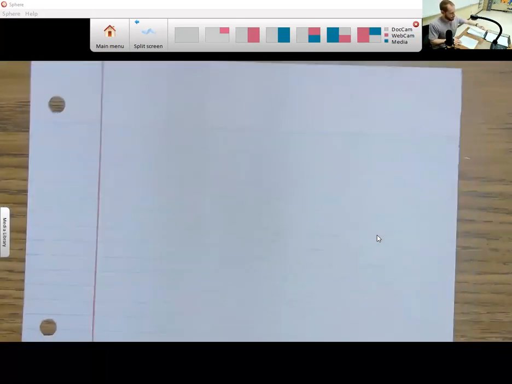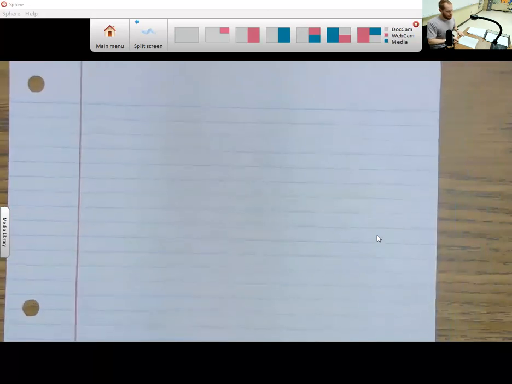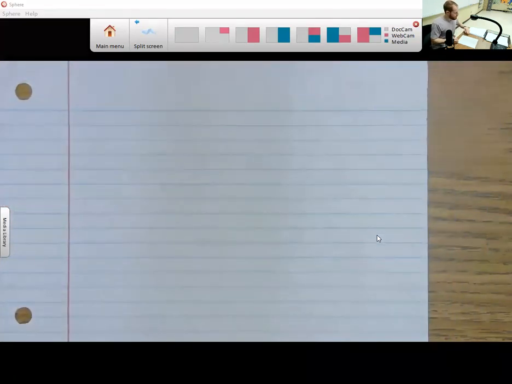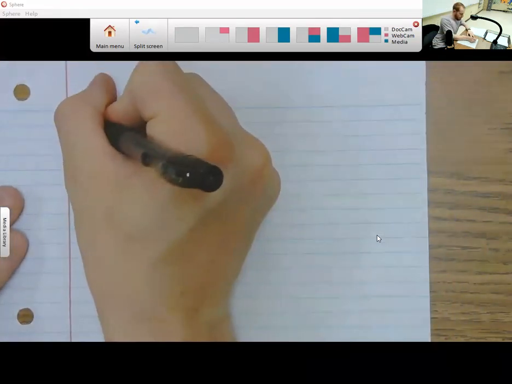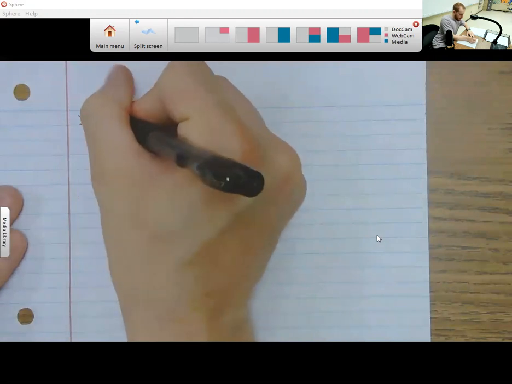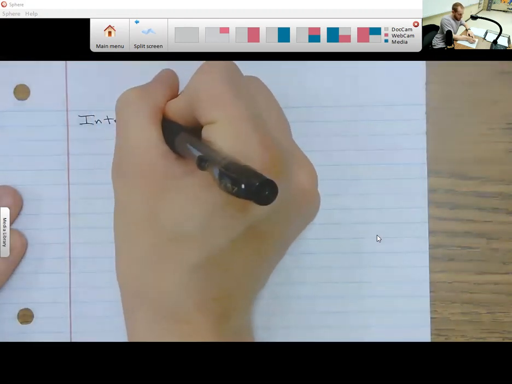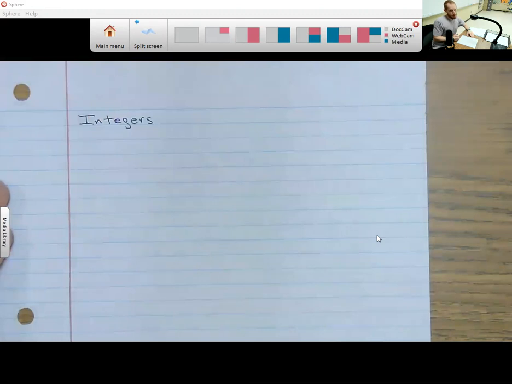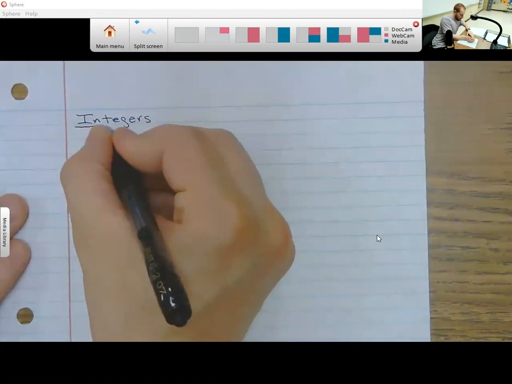So if the natural numbers was the set of all positive whole numbers, then the integers are going to be all the whole numbers. But not only the positive ones, you also have to include the negative ones and 0. So let's talk about the integers.